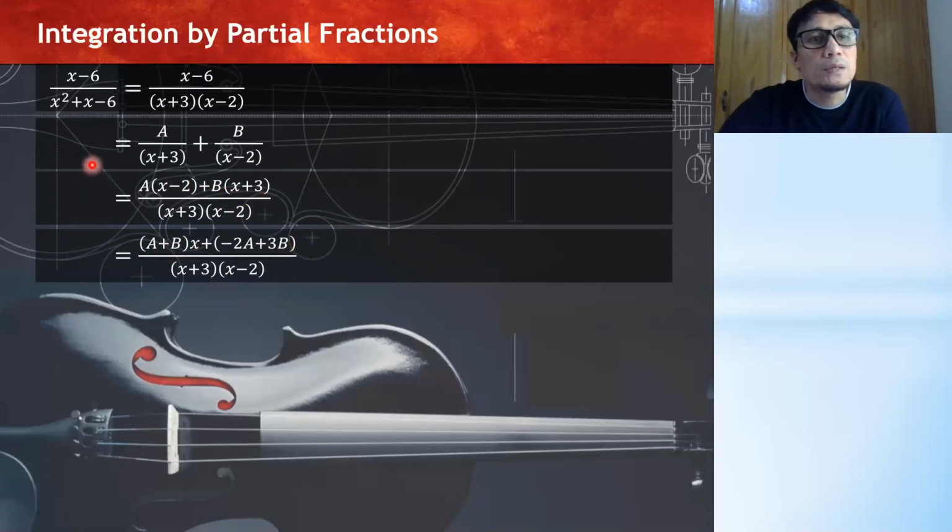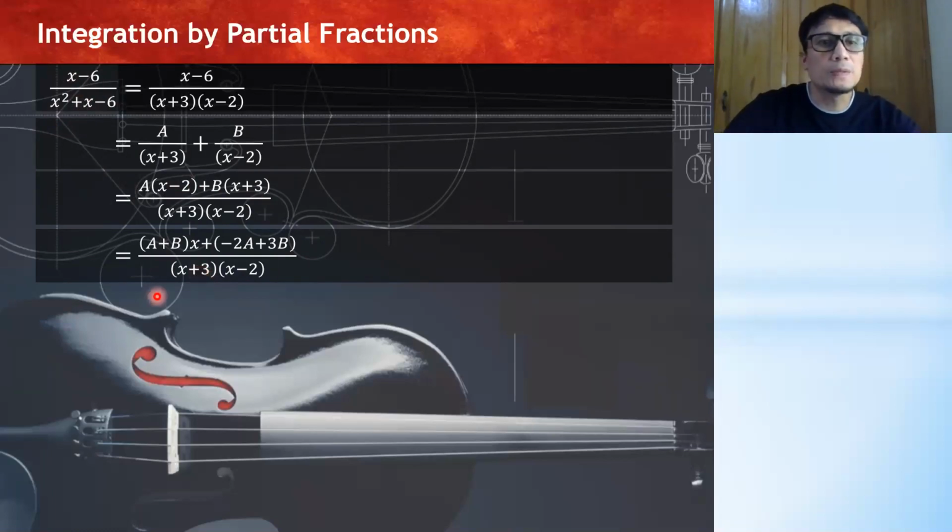Take note that this denominator here is equal to that denominator. So that means that in an equation, we can cancel that, right? Therefore, we can equate. The principle is if the two denominators are equal, then the numerators must also be equal.